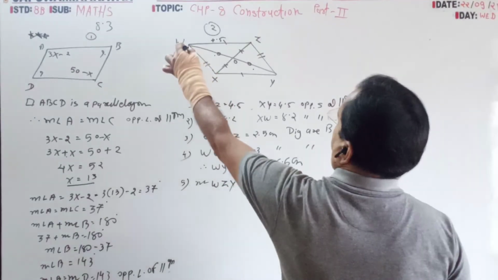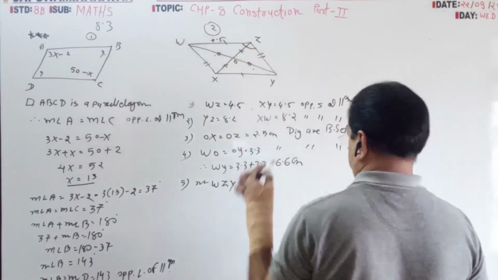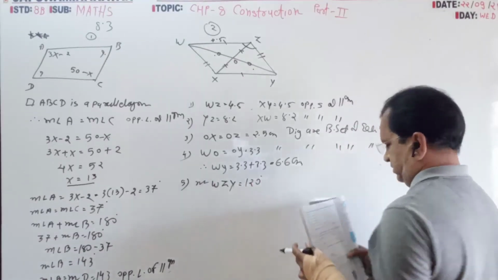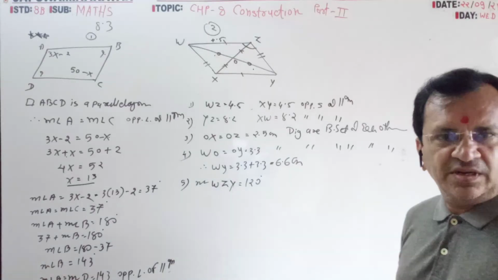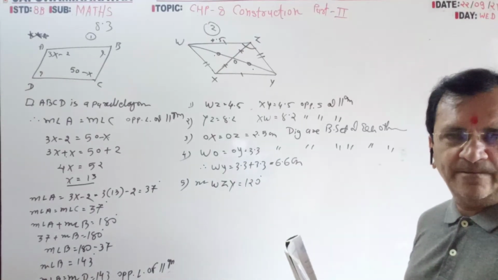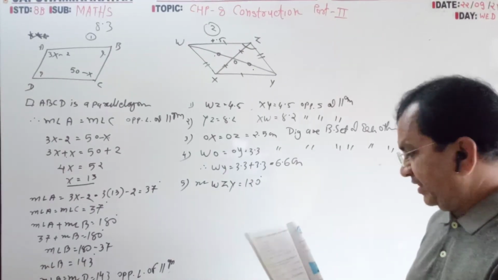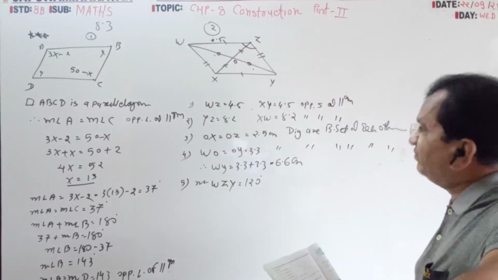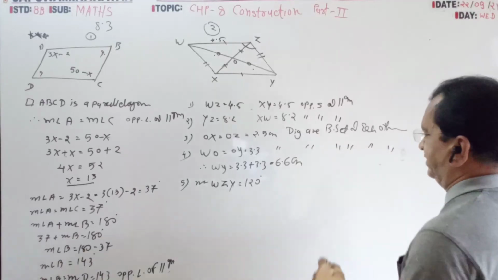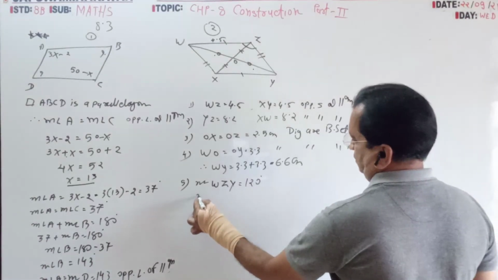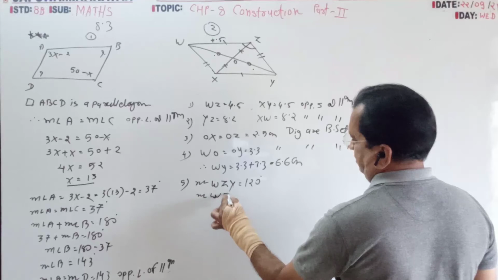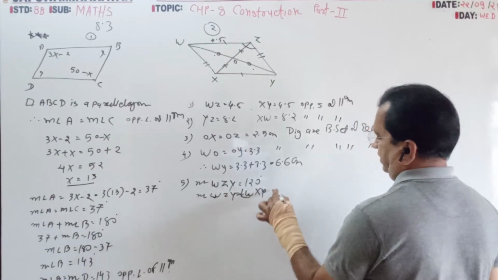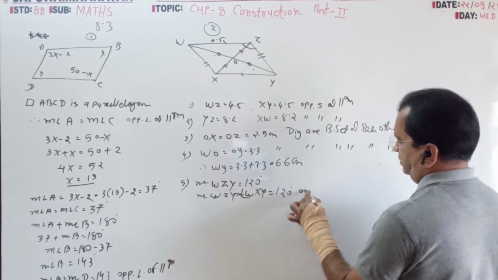WZY, this is given 120. WXY we want. So measure angle WZY is equal to measure angle WXY is equal to 120.